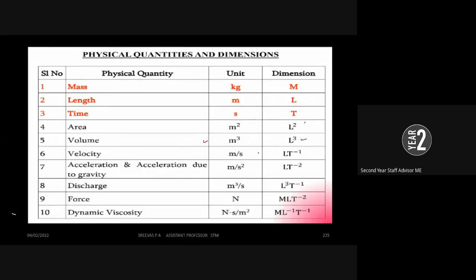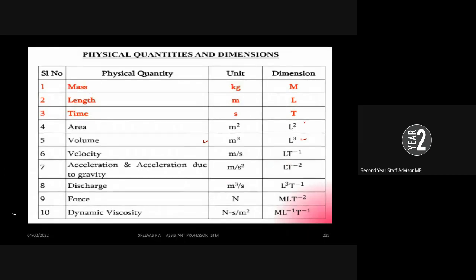Similarly, velocity is meter per second, so meter is length L and second is T raised to minus 1. Acceleration, velocity divided by time, is meter per second square, so it will be LT raised to minus 1 divided by T, which becomes LT raised to minus 2. Then discharge, unit is meter cube per second.